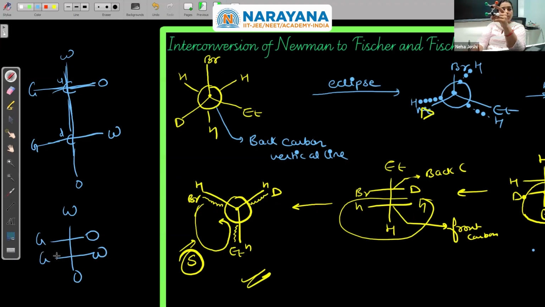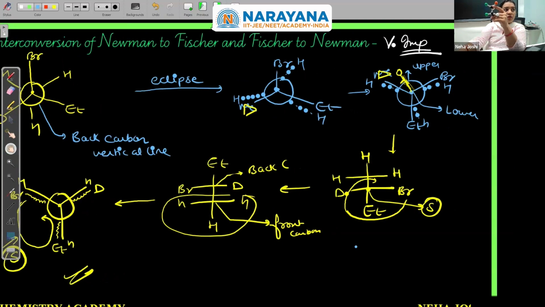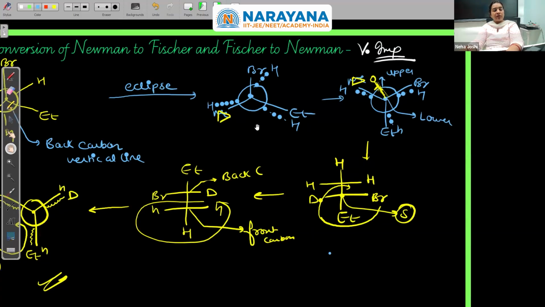This is your Fischer. Now, the point is that when this is in the form of a model, it is easy to imagine and understand. But what if it is not in the form of a model? It is there in our exams. How will we do it there? Okay. So there, you can imagine you bring it to a way like this, upward direction is there.